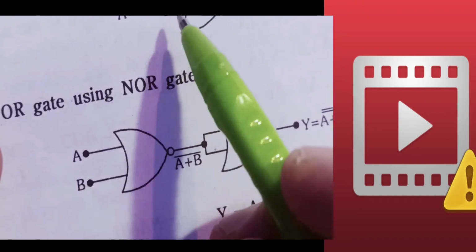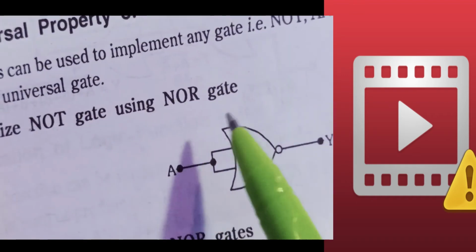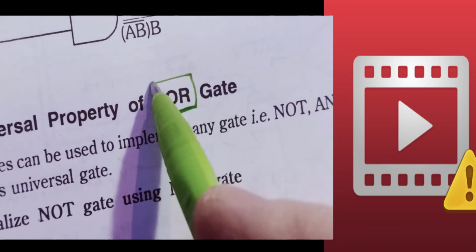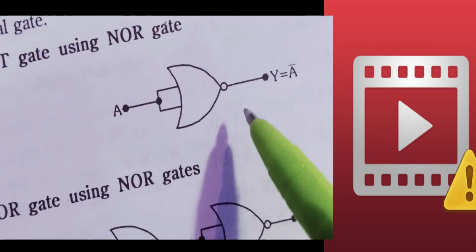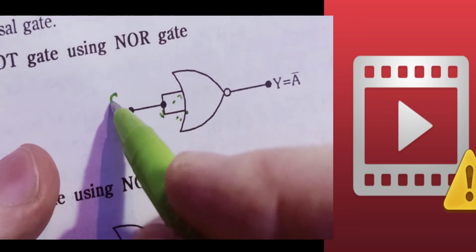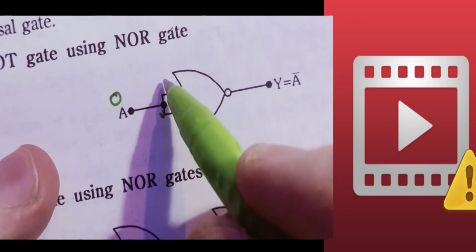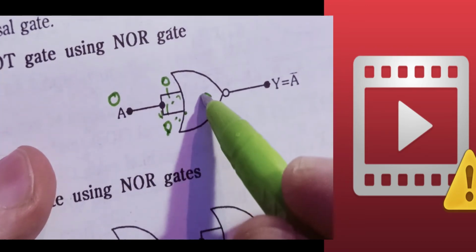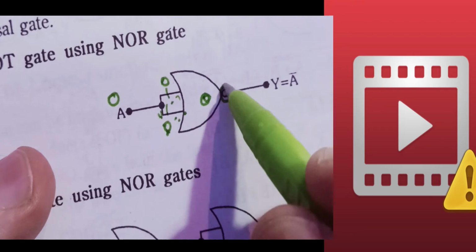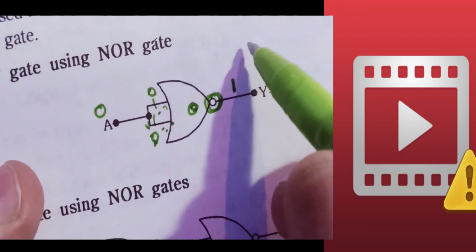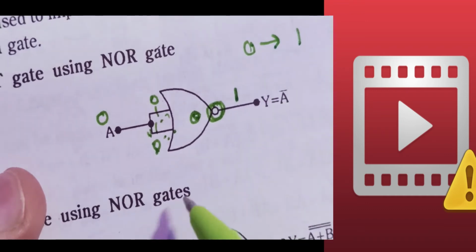Now similarly, I'm coming to the NOR gate, which is also a universal gate. How? If the two inputs are connected, meaning if you give 0 here, both the lines will be at 0, OR gives 0, and because this is a NOT, 0 turns to 1.